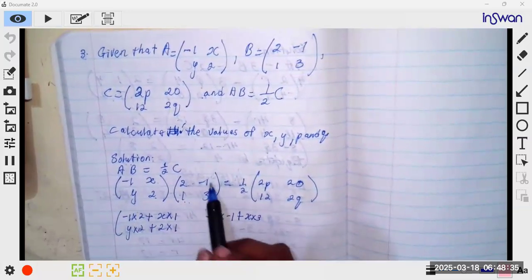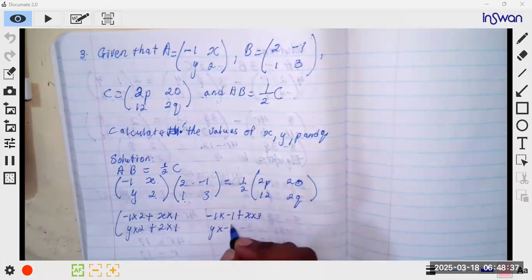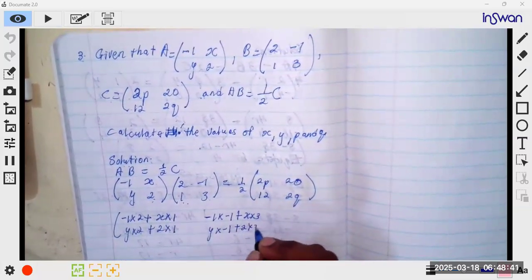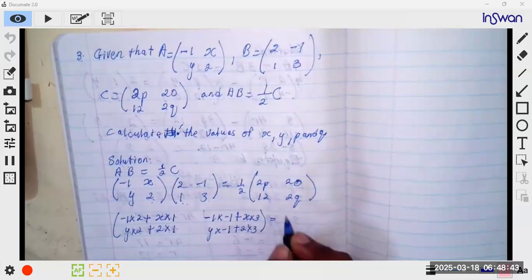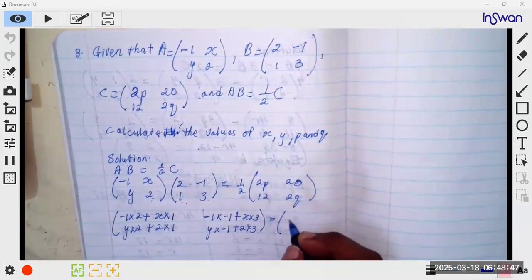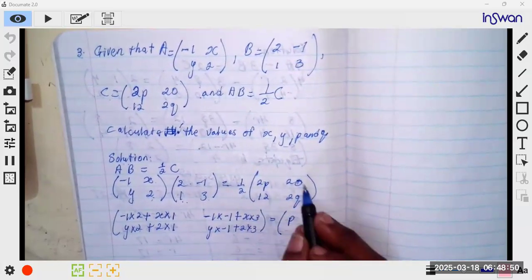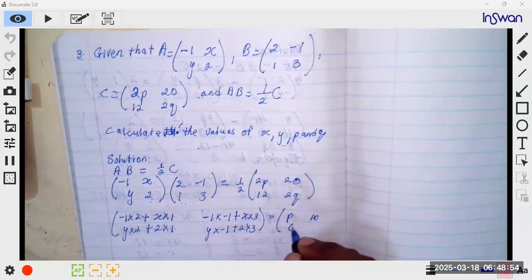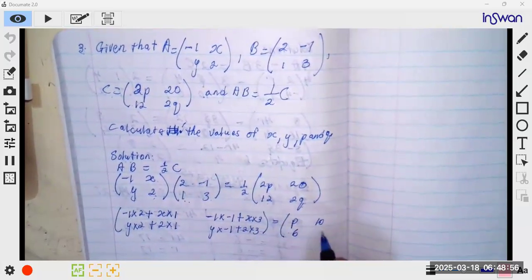Then y by minus 1 plus 2 by 3 is equal to, going a half of 2p, be p, a half of 20, 10, a half of 12, 6, and a half of 2q, q.